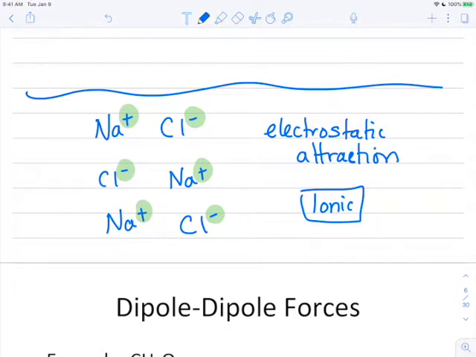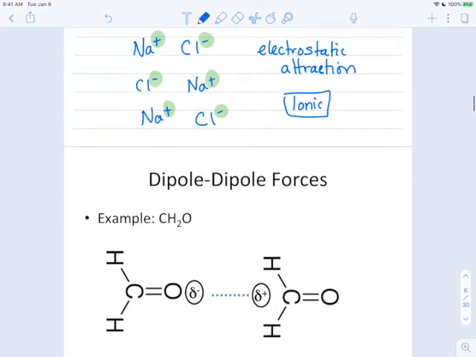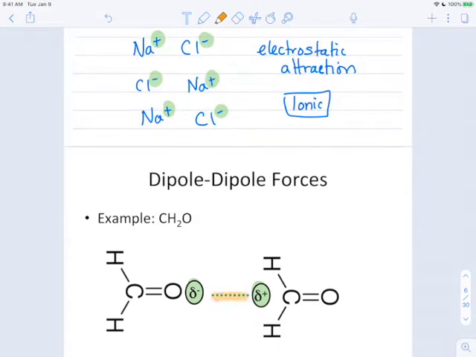The dipole-dipole is almost the same. It's just that instead of a full positive and a full negative, it's going to be a partial positive and a partial negative. So here, the negative on one molecule will line up with the positive on another, and it will create an attraction. Same kind of attraction you would see right up here with the NaCl's.